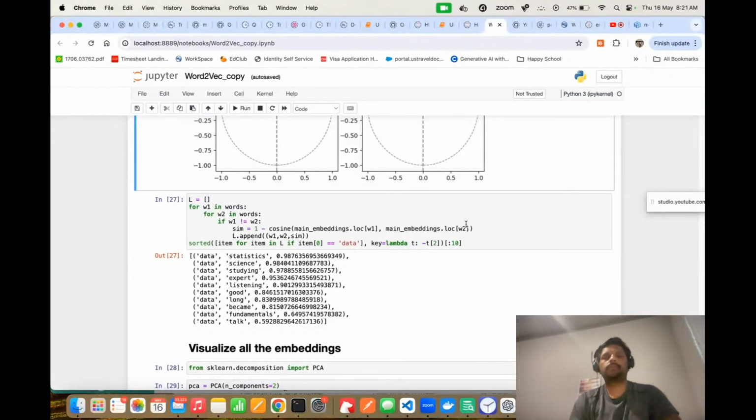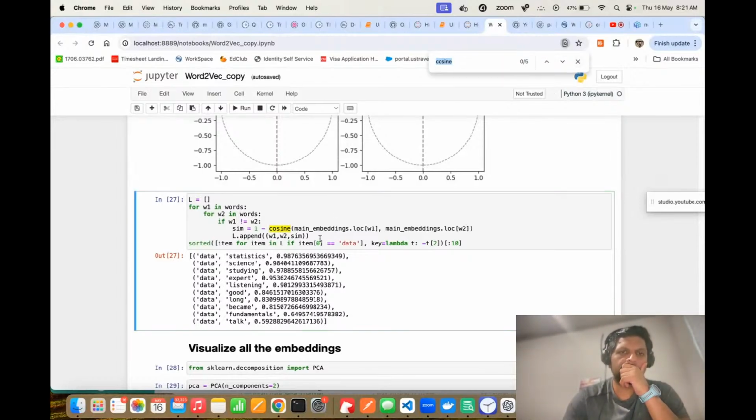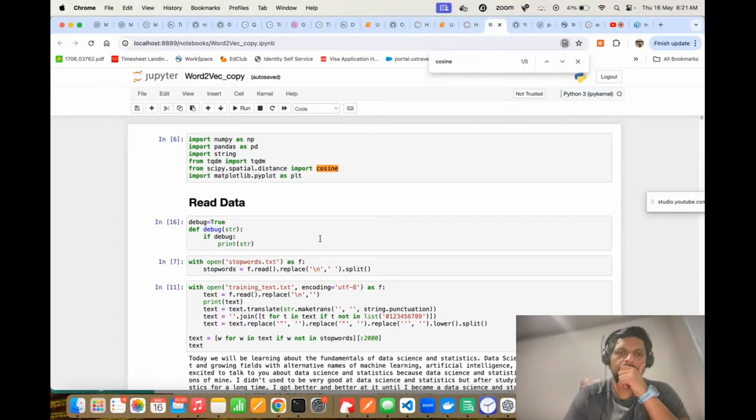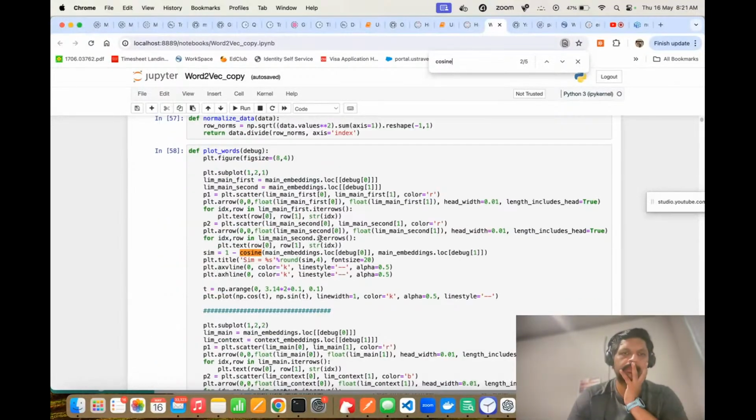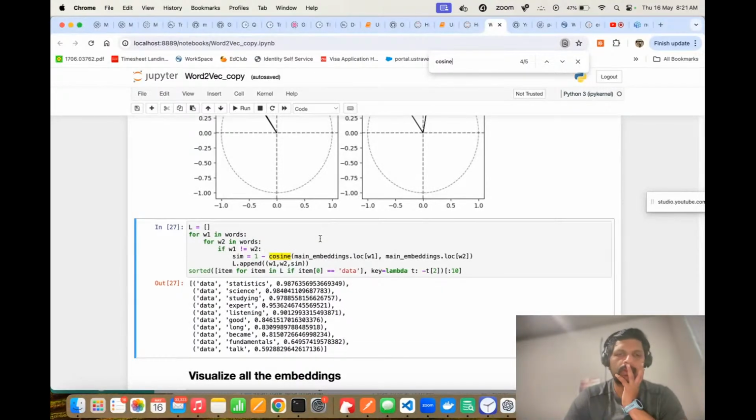Word 1 and word 2. Okay. So main embeddings is the final embeddings of each of them. Cosine is to look at the correlation between both of them, how close they are. Like data and talk is 0.5, they're far, whereas the remaining are very close. That's what it's trying to say.